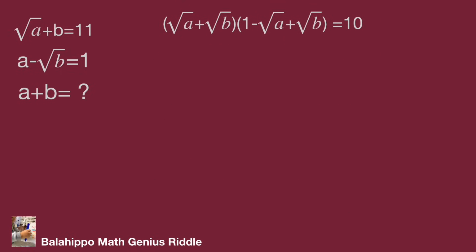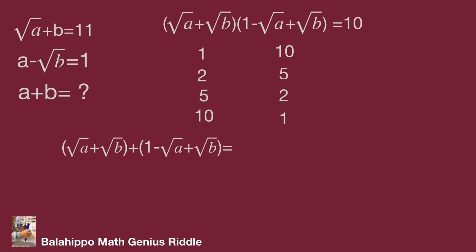Quantity square root of a plus square root of b could be 1, 2, 5, 10. And the quantity 1 minus square root of a plus square root of b could be 10, 5, 2, 1. While we sum up these 2 quantities, it could be 11, 7, 7, and 11.